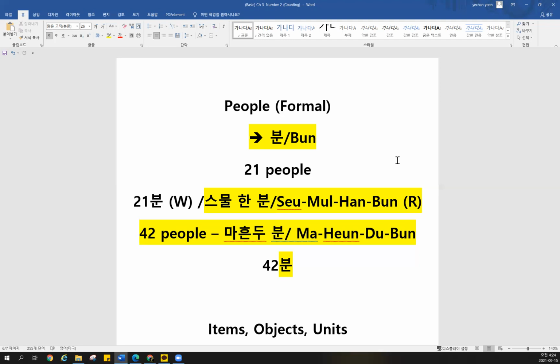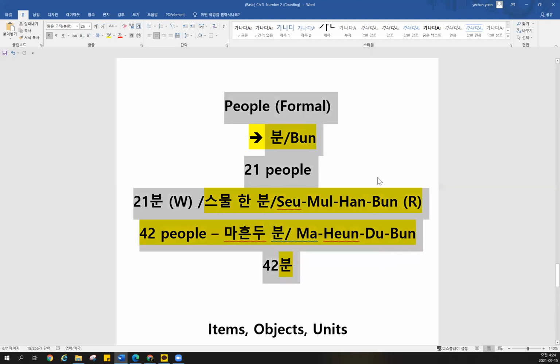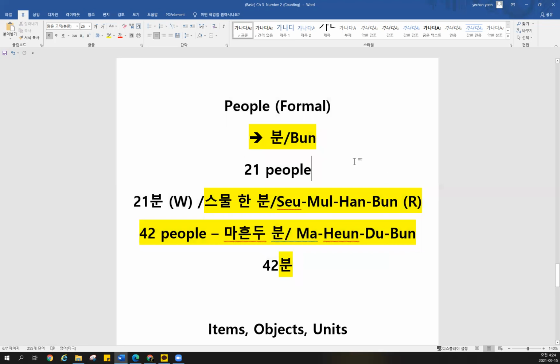So please memorize this. 분 can be used for counting people in the formal version, and also for counting minutes in time. For now you can just memorize this one, but we are gonna learn about that in the future as well. Okay, so how do you say 21 people? You can say 21분. No changing form. 21분.